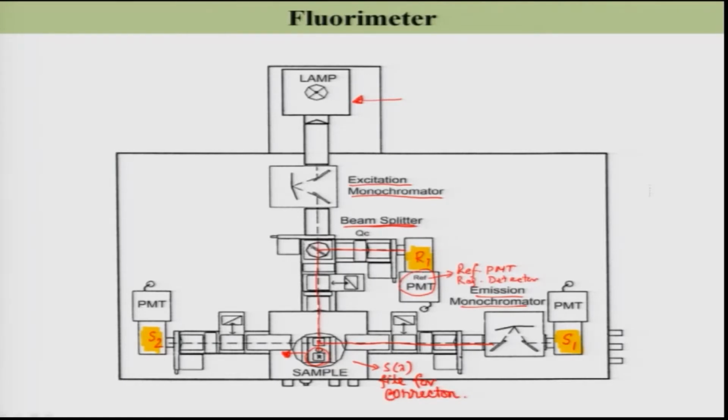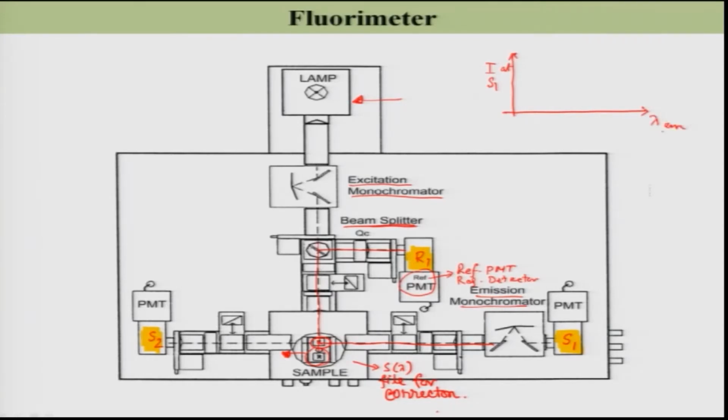Suppose now you are measuring the emission spectra, you put your sample over here, and now you are recording your sample. So, what you can do? You can measure the intensity at S1 plotted versus lambda emission.